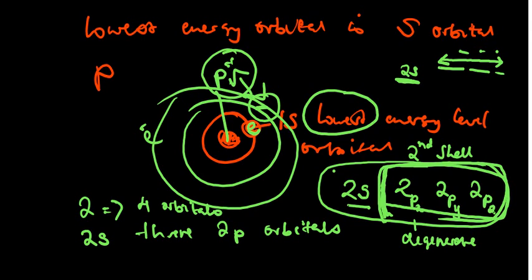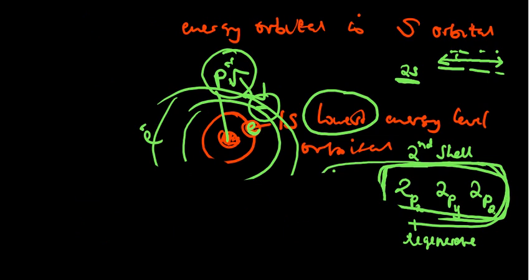Hence, electrons found within these energy levels are called degenerate because they occupy the same energy. Okay, so this is all about an orbital and the shell.